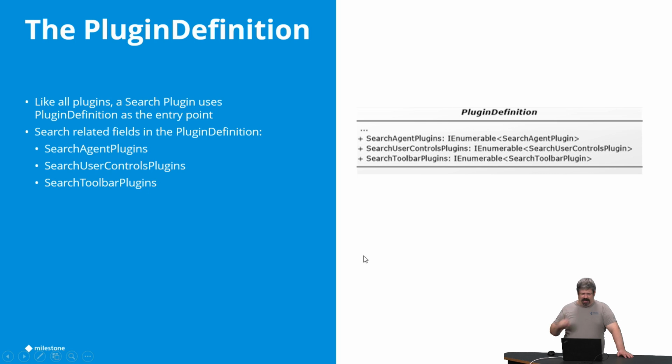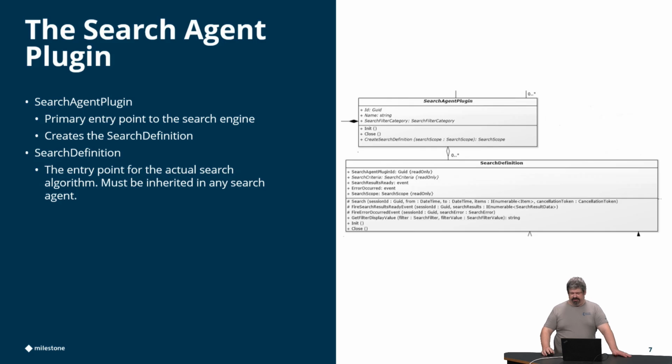Again, like all plugins, a search plugin uses the plugin definition as the main entry point. Inside there, you need to define one or more of these three properties: either search agent plugins, search user controls plugins, or search toolbar plugins. The search agent plugin is not optional if you want to create a custom search agent plugin.